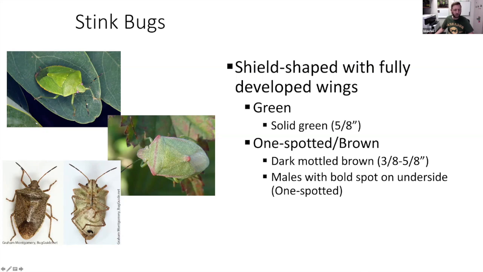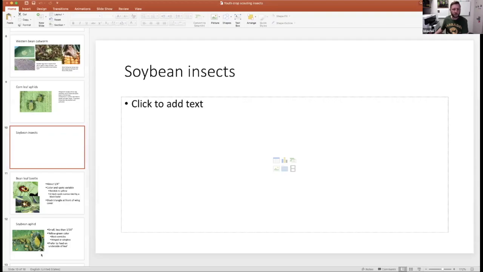Females are hard to tell apart. The males of one spotted have this dark spot on the underside that brown stink bugs don't have. That's what I have for some of the diagnostic characteristics.